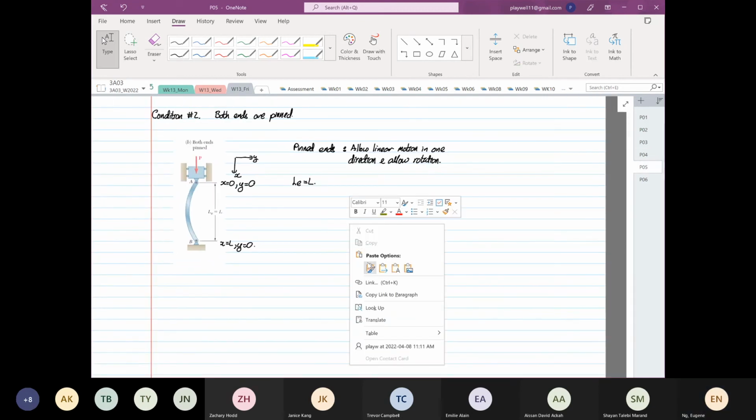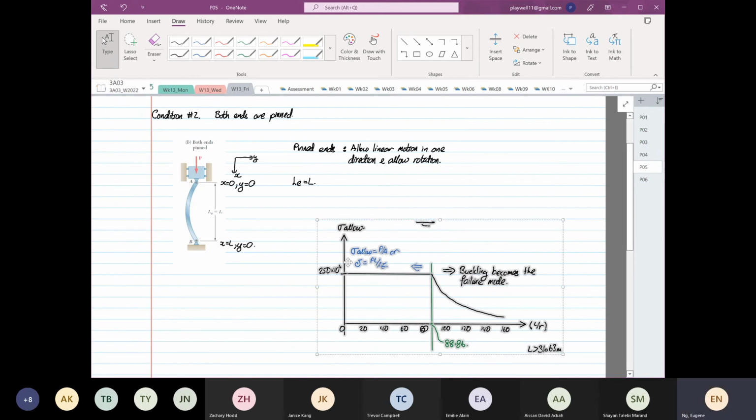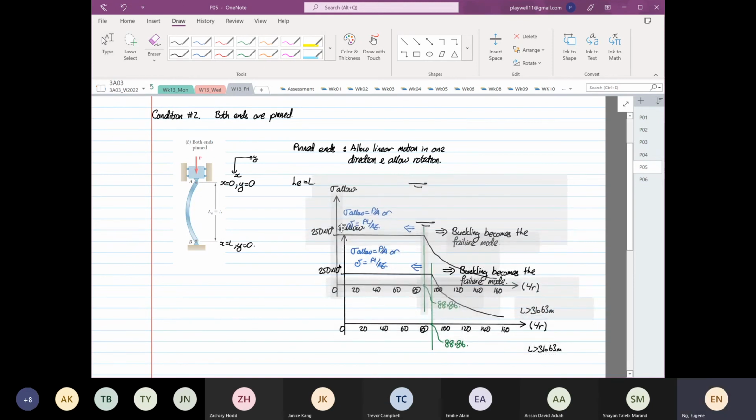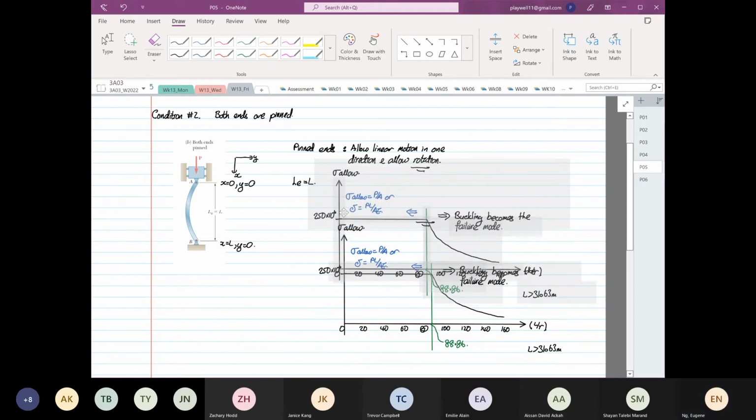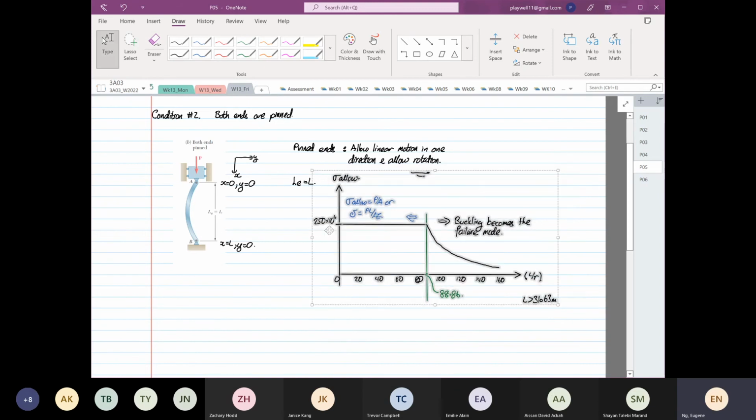So if we have an allowable stress of 250, and the material is steel with 200 gigapascal of Young's modulus, this is our graph.